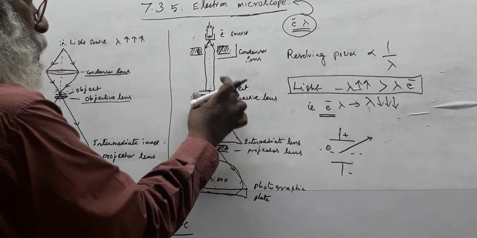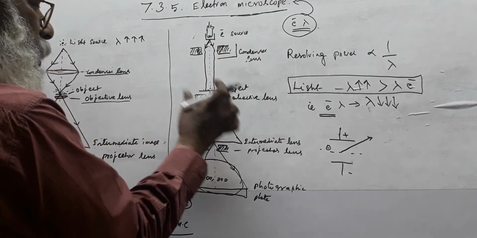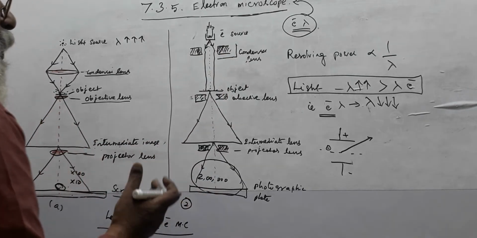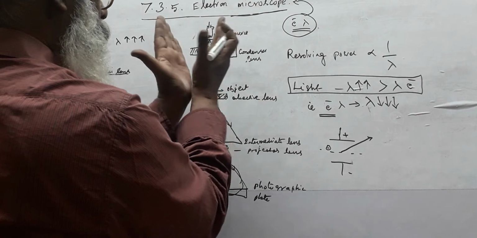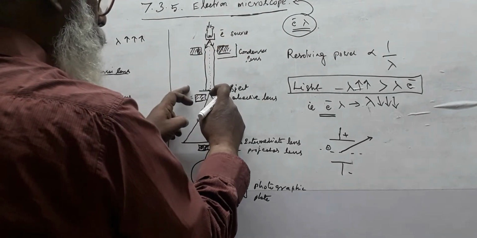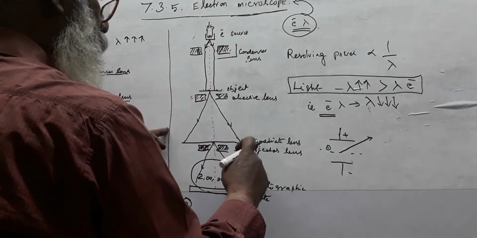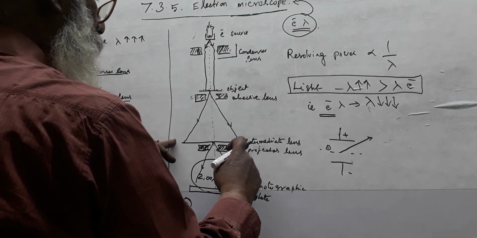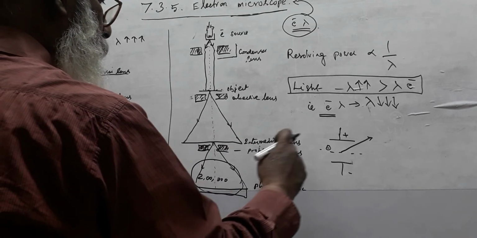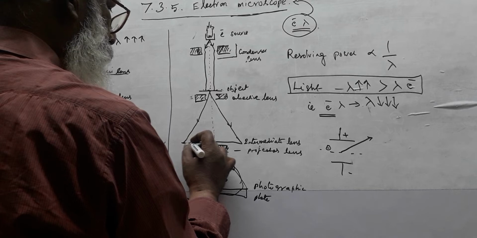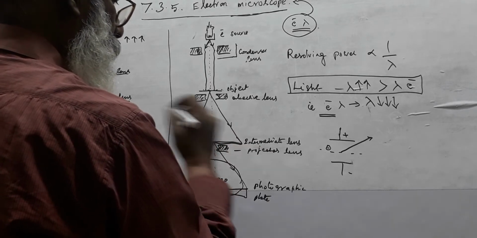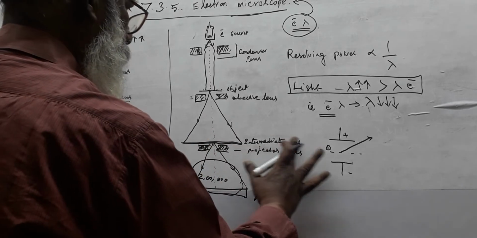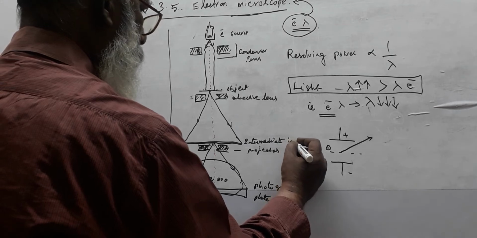These coils, or this electric or magnetic field, converge the ray on the object so that it is magnified and forms the intermediate image.